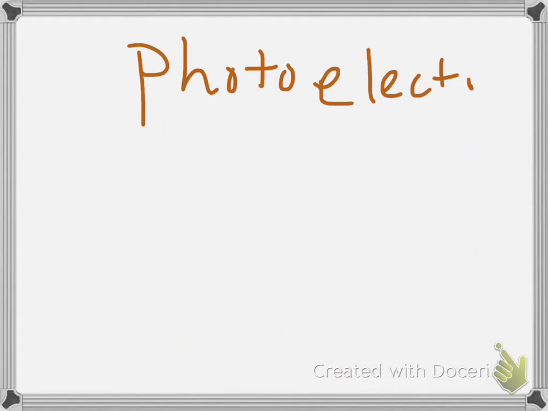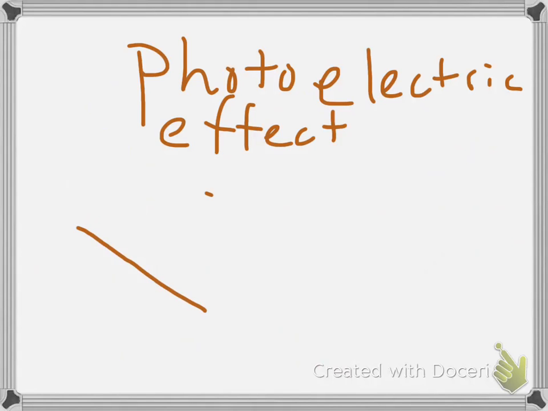Now the photoelectric effect, this is an important one. The photoelectric effect deals with the photon imparting its energy to the electrons in a metal. So let's say you have some sort of metal here, and you have a light source, and that light source is sending some sort of light down onto that metal surface.